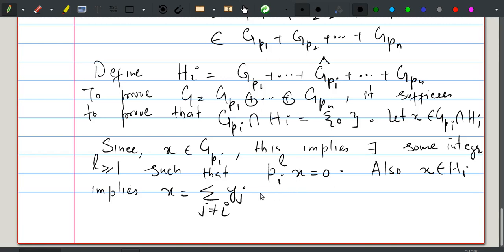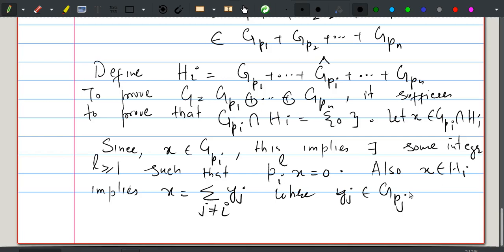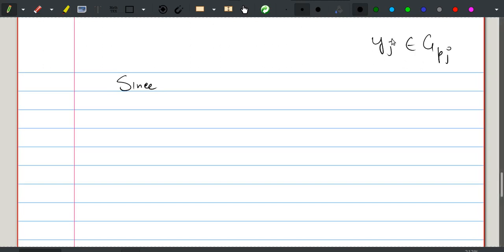Now yj is in G pj, the j-th component. Since yj is in G pj, this means that pj to the power some number, say mj, times yj is 0.